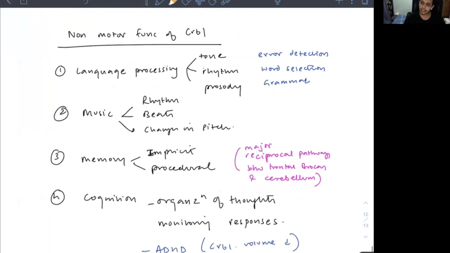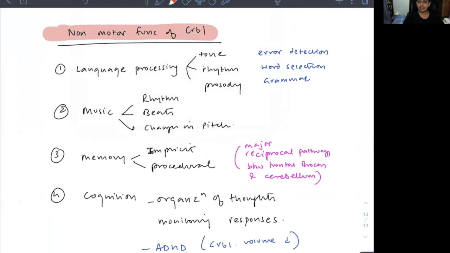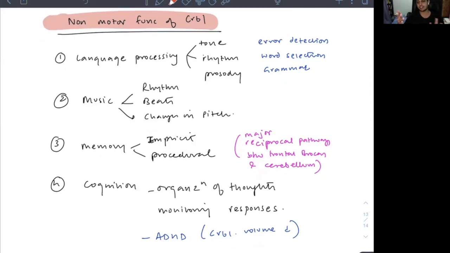And finally, a brief note on what else the cerebellum does apart from controlling movement. This is something that I was personally interested in, that it also controls your language. We already spoke about that. It controls your tone, it controls your prosody. Cerebellum is very, very important in music.